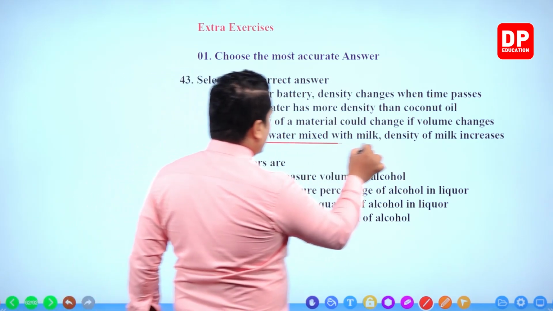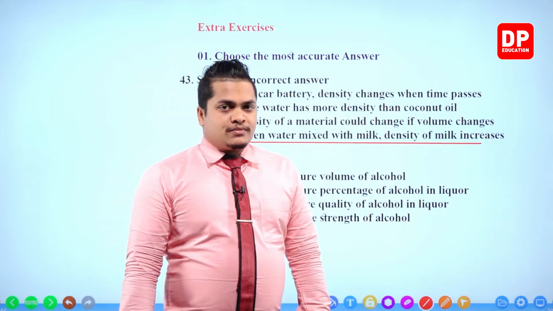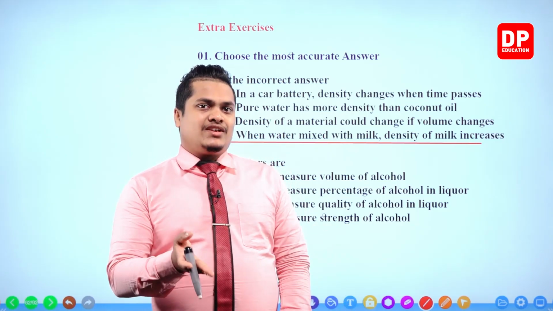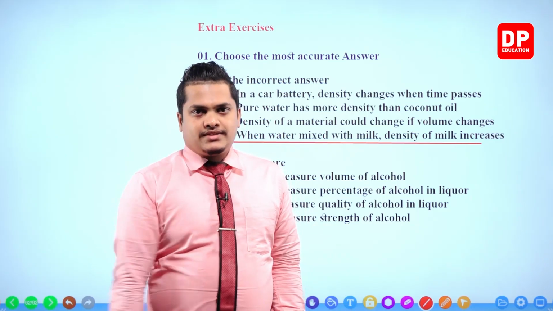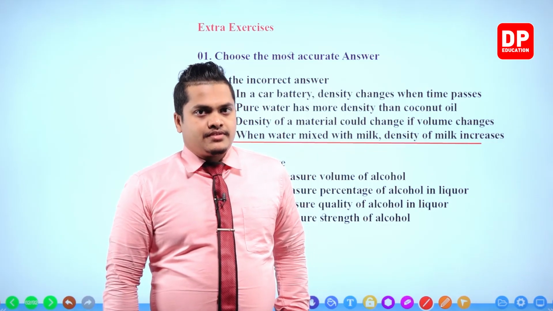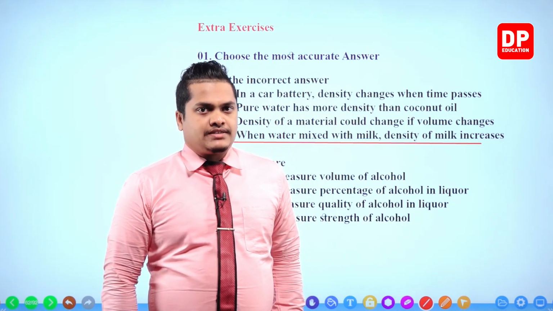This is for sure we know that incorrect. Because my dear children, when water is mixed with milk, density of the milk is going to decrease because of reduction in solid substances. More water, less solids. So the density would definitely decrease.